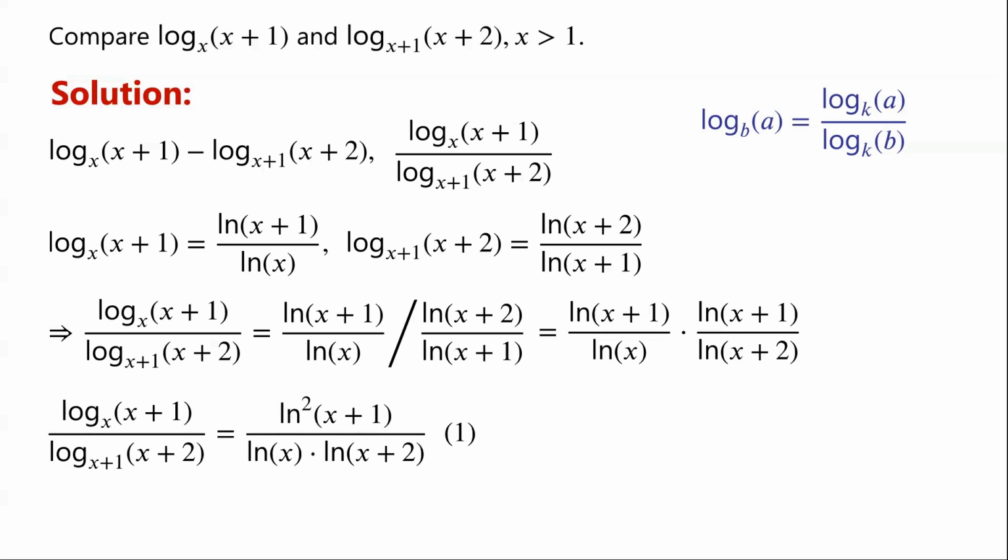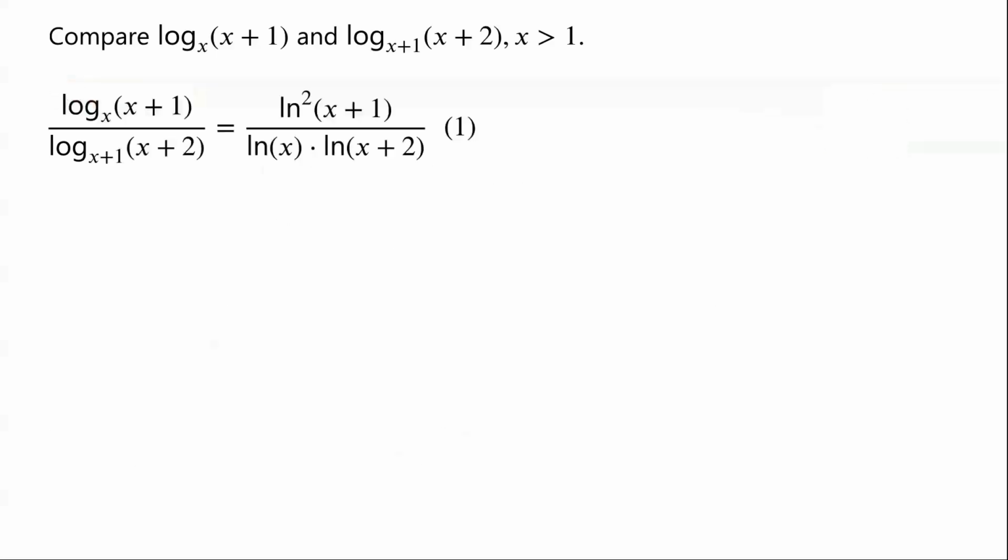So log to base x of x plus 1 over log to base x plus 1 of x plus 2 equals ln of x plus 1 all squared over ln of x times ln of x plus 2. Now we need to evaluate whether the numerator is greater than the denominator or vice versa.